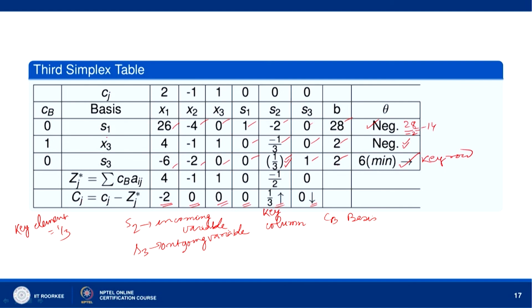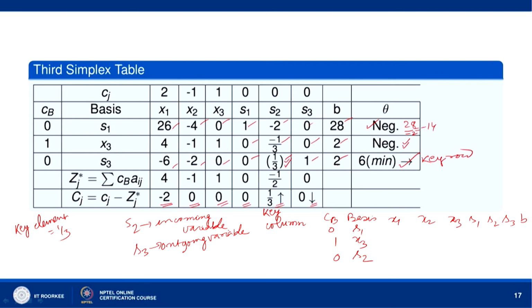The basis will have variables S 1 and x 3. S 3 will be going out, and in place of S 3 we shall have S 2. S 1 coefficient is 0, x 3 coefficient is 1, S 2 coefficient is 0. We will have x 1, x 2, x 3, S 1, S 2, S 3 and B.